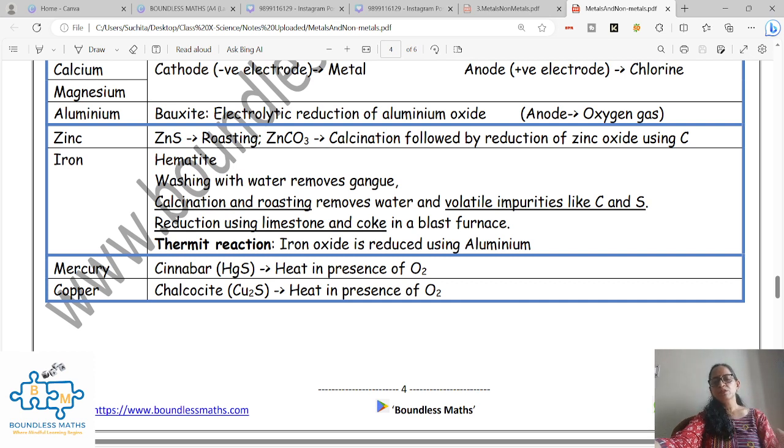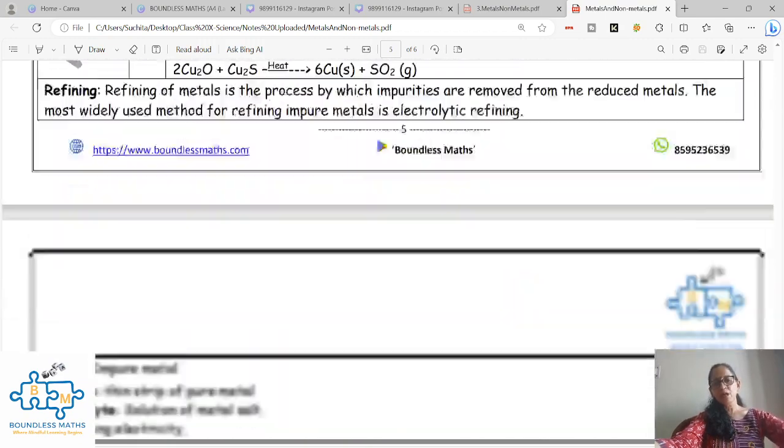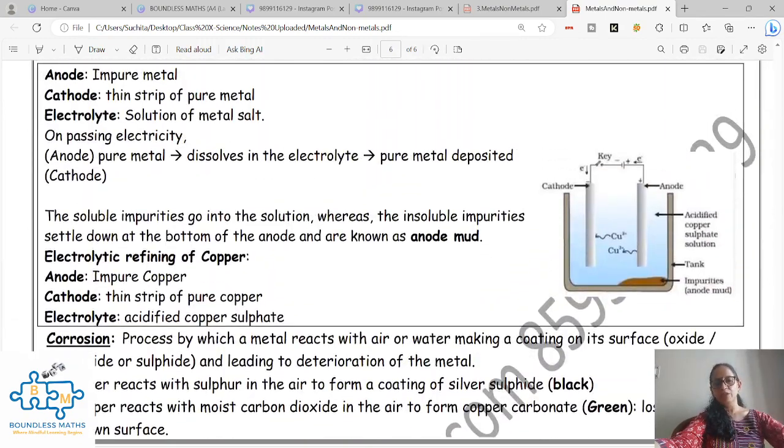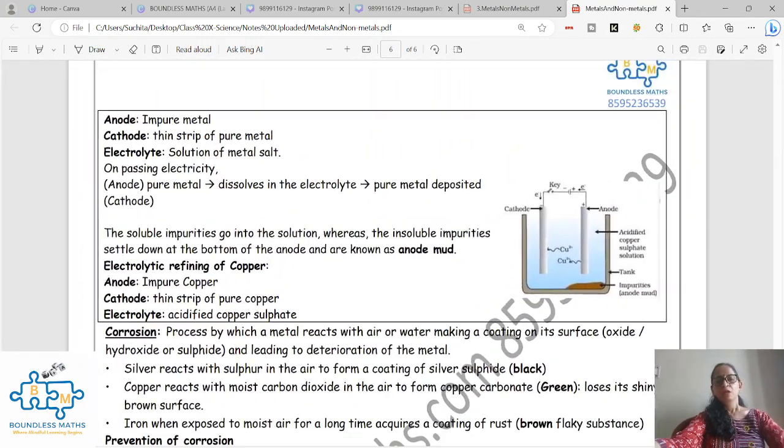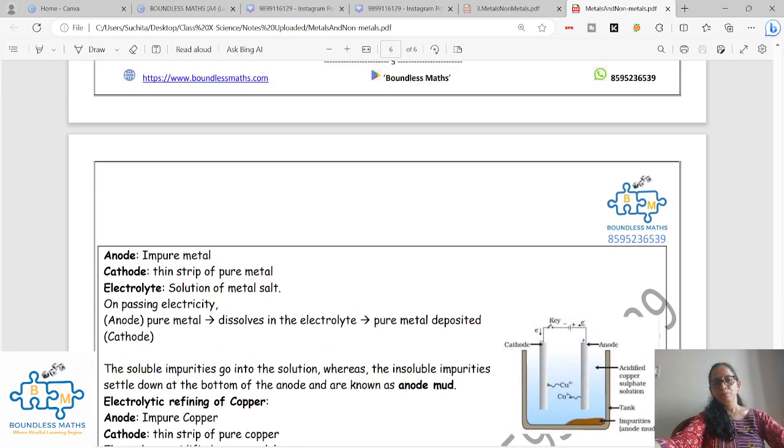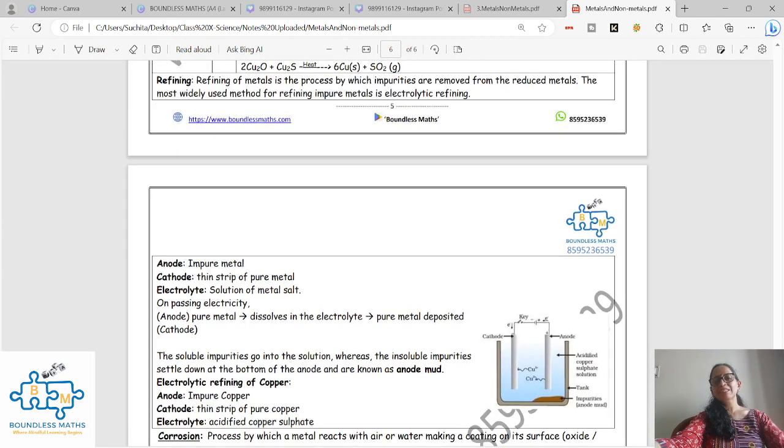So the metals that we get after the reduction process still have certain impurities. These impurities are removed using electrolytic refining. So electrolytic refining is done for metals that are in the middle or at the bottom of the reactivity series.